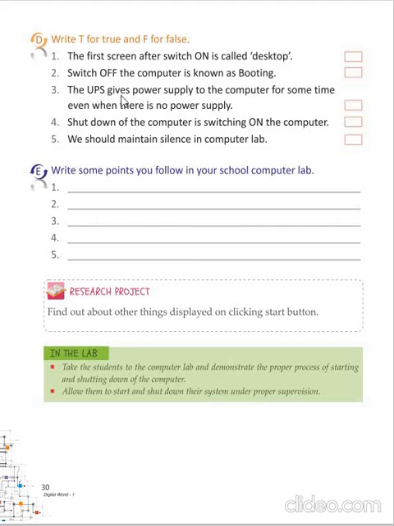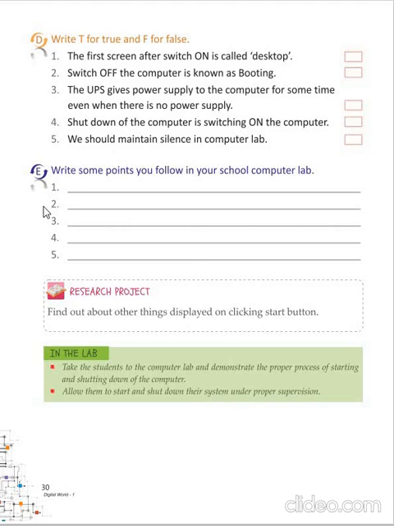The UPS gives power supply to the computer for some time even when there is no power supply. True. Shutdown of the computer is switching on the computer. False. We should maintain silence in computer lab. True.